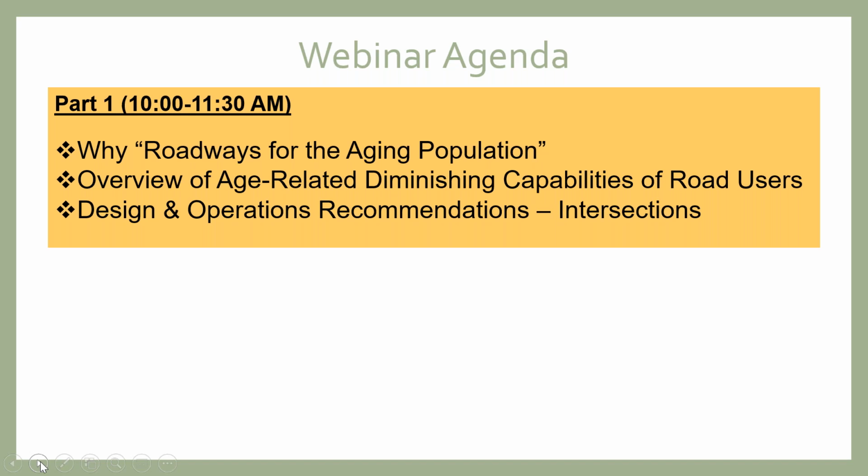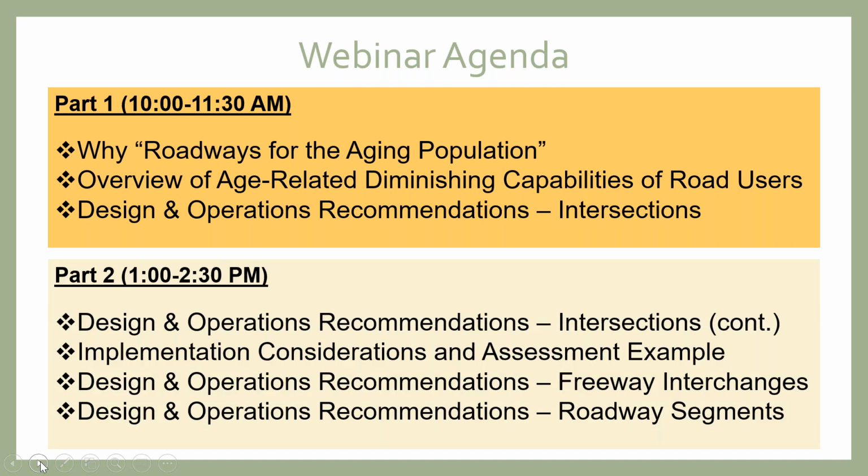That gives us a sense of understanding what the issues are, and then linking them to design and operational recommendations that come from the FHWA handbook. And we'll start off talking about intersections. There's a lot to talk about when it comes to what we can do to design and operate intersections safer and better accommodate our aging population.